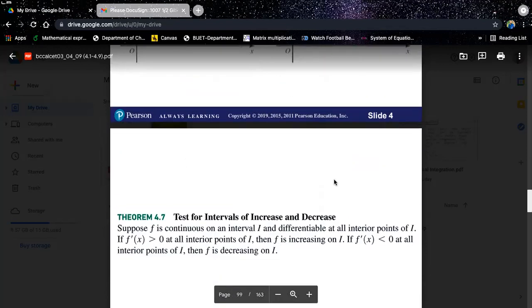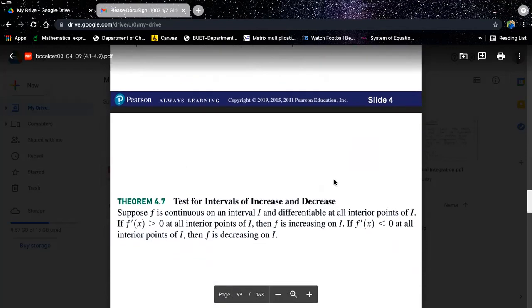Let me show you the algebraic part of it. So if a function is differentiable on an interval, and if the first derivative is greater than 0 everywhere on that interval, then it's increasing.